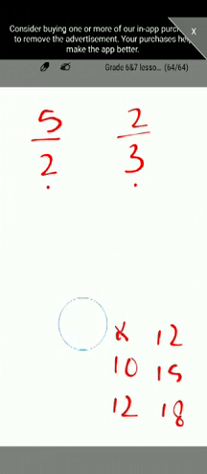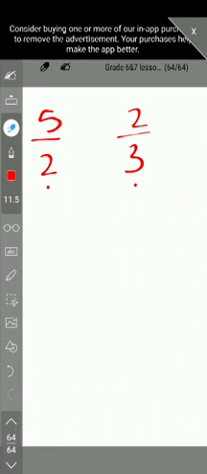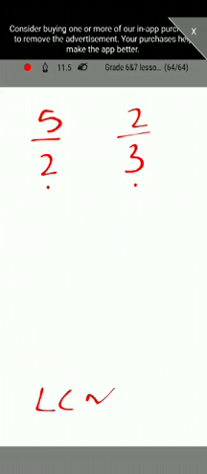So since the LCM is 6, we have to make this 2 equal to 6 and this 3 equal to 6. How are we going to get this 2 equal to 6? We will do 2 times 3, you will get 6, and 3 times 2, you will get 6.